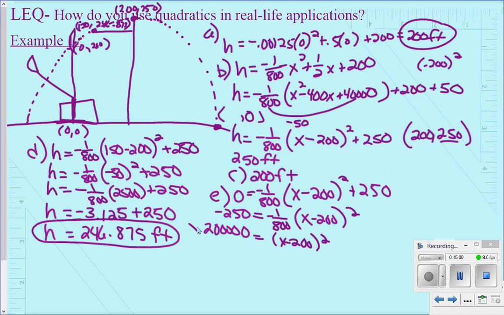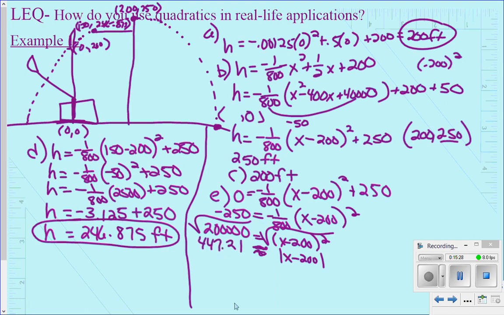Now I have it in the format that I can take the square root of each side. So I can take the square root of each side. I'm getting the absolute value of x minus 200 is equal to the square root of 200,000, which I'll get a decimal approximation for. Because I'm getting a decimal approximation, I'm going to change my equals to approximately 447.21.